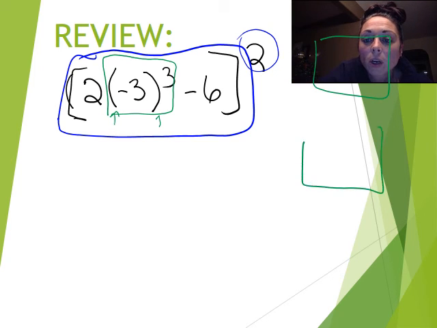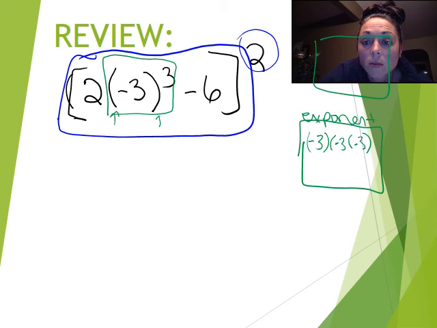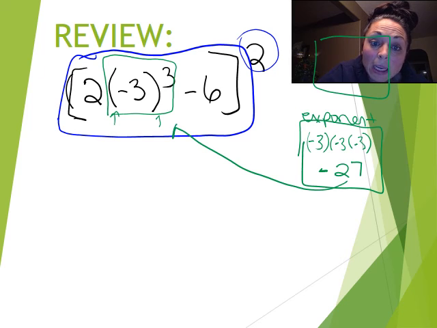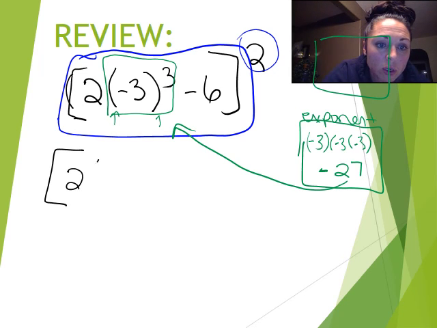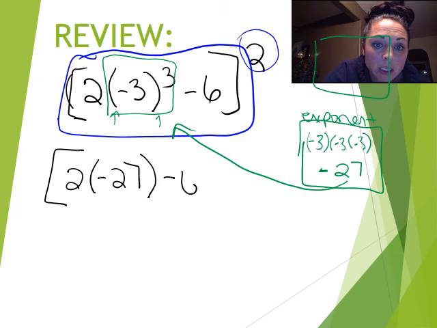Okay, so I go over here with my green. That green means negative 3 times negative 3 times negative 3, and that is negative 27. So I put that back in, rewrite my question. Big bracket, I have 2 times negative 27 minus 6, big bracket, squared.